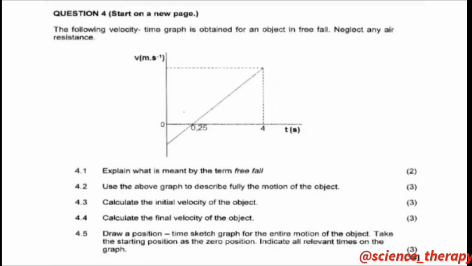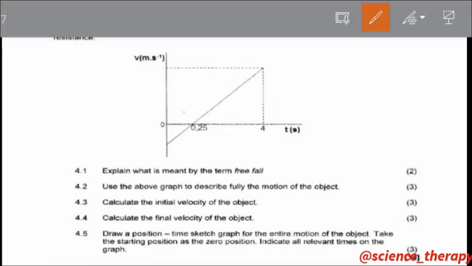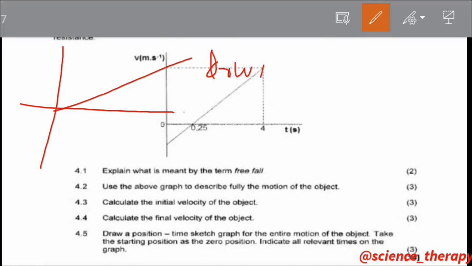Then 4.2 says use the above graph to describe fully the motion of the object. Now we can see that we are given a velocity versus time graph, and if we have to revise our graphs, we know that if we are given an increasing function for a velocity versus time graph, this only means that we took down as positive, right?